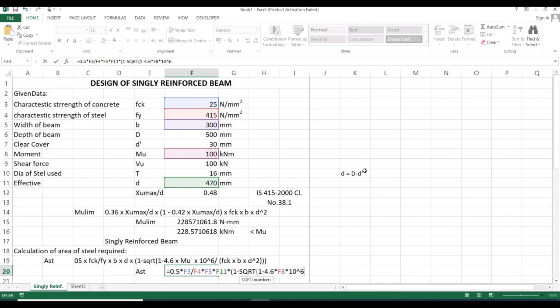So to convert kilonewton meter to Newton mm, I have taken 10 raised to 6, divided by, I will open one more bracket for the denominator part: fck into b into d whole square.